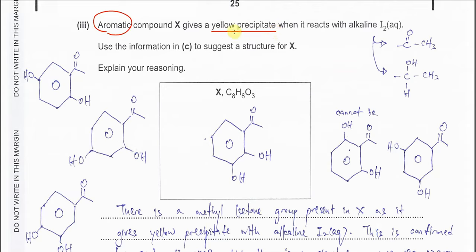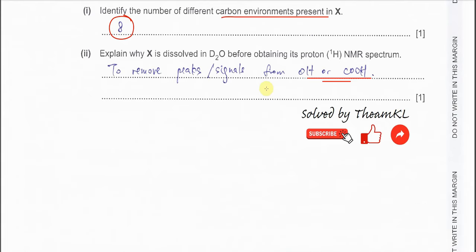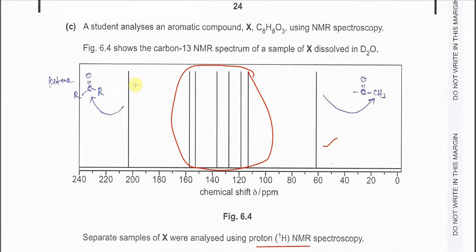X will give yellow precipitates when it reacts with alkaline iodine solution. This is actually telling us it has a methyl ketone there. So the other two carbons outside the ring must be this methyl ketone. And how do we confirm there is a methyl ketone? From this signal: around 210, we get one signal.